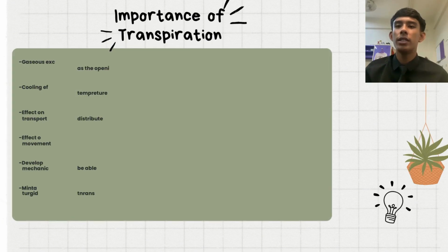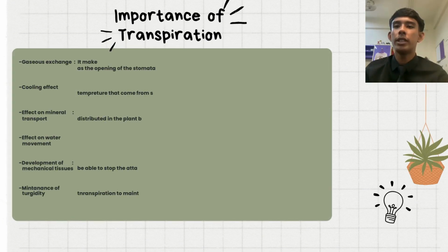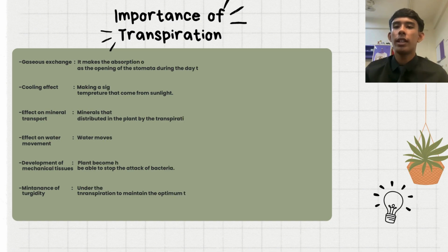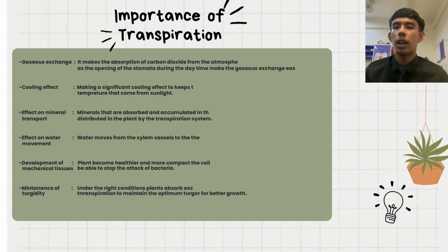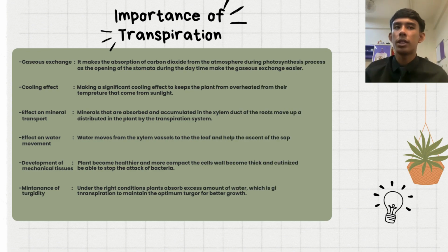The importance of the transpiration process. Gas exchange: it allows the absorption of carbon dioxide from the atmosphere during the photosynthesis process, as the stomata open during the daytime, making gas exchange easier.